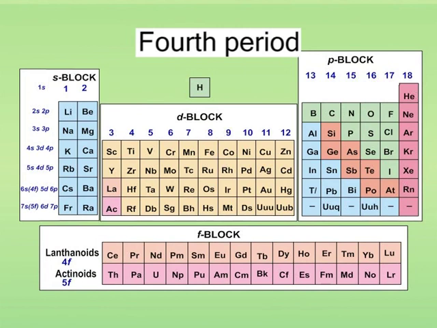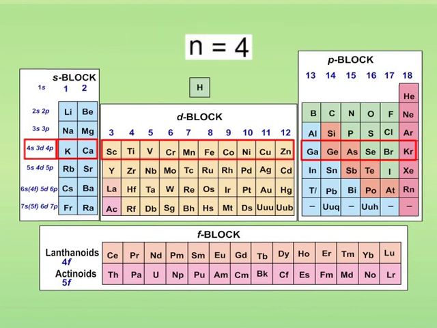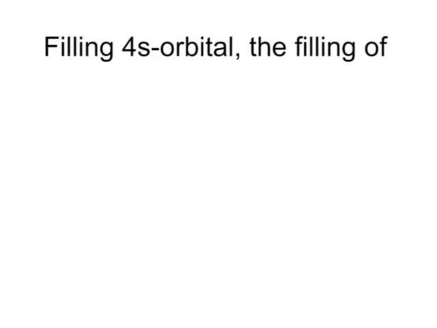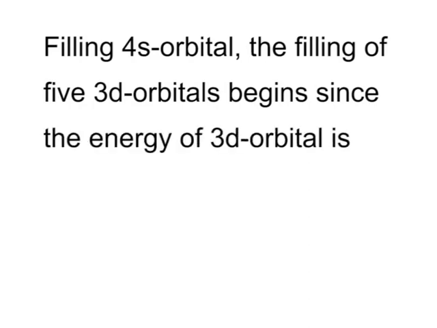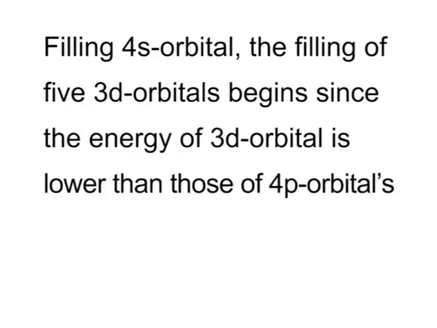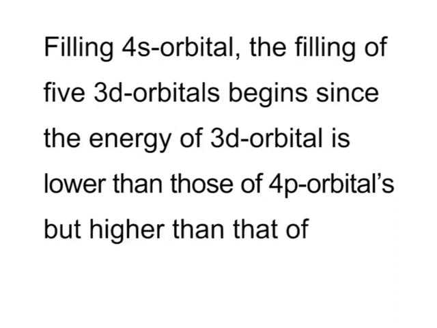The fourth period corresponds to the filling of electrons in the fourth energy level, that is n equals to 4. It starts with the filling of 4s orbitals. However, after filling the 4s orbital, the filling of five 3d orbitals begins, since the energy of 3d orbital is lower than those of 4p orbitals, but higher than that of 4s orbital.